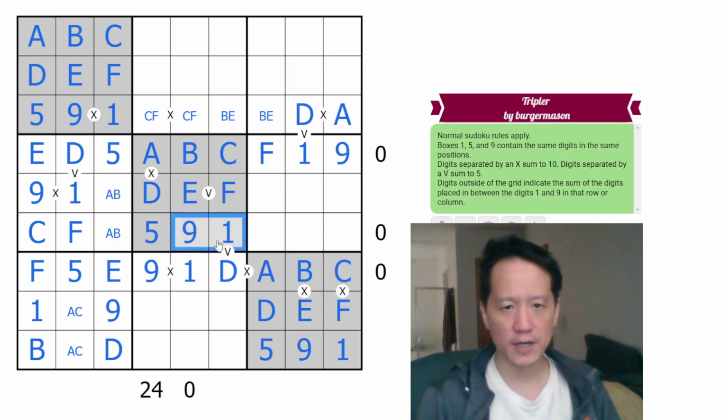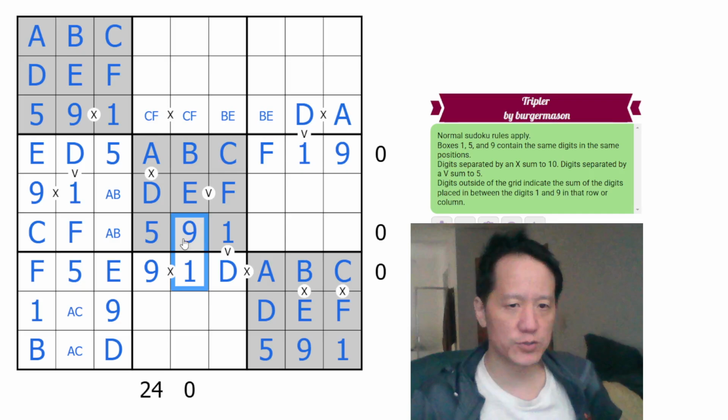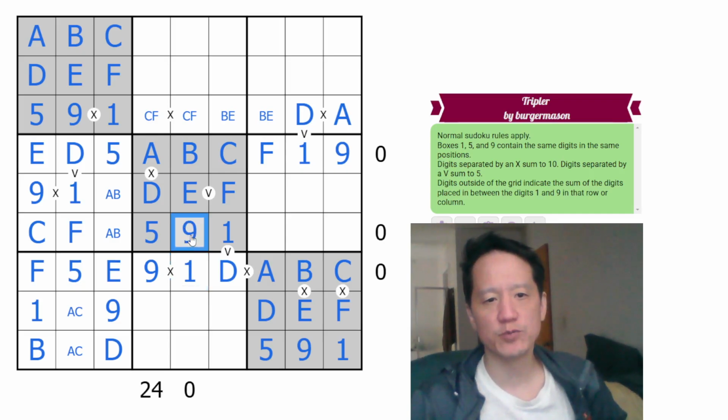Therefore, the 1 and the 9 give you these essentially as 0, right? We know this is 10. This has to be 5. So the sum of the digits between the 1 and 9 here.